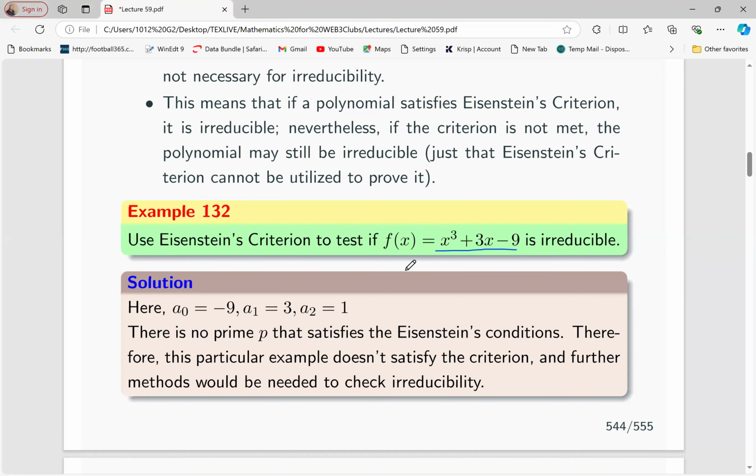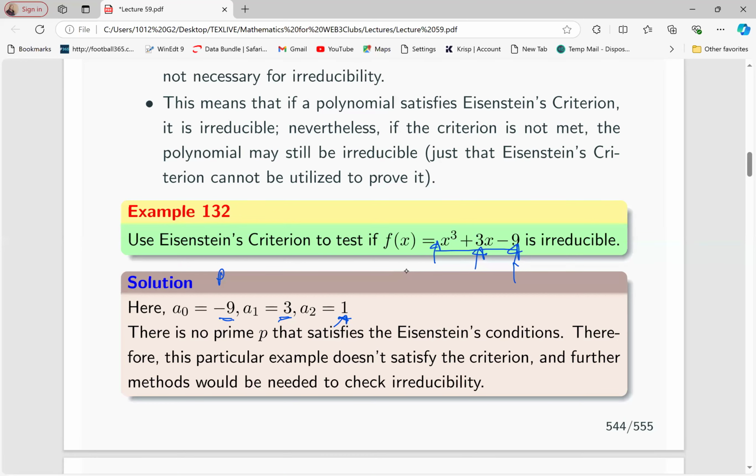In other words, you want to find if there is a prime number that can divide this number, and fail to divide this number, and then its square should not divide the constant term. So is there a prime number P that can divide -9, then divide 3, and fail to divide this? 3 can do that. 3 can divide this, and can fail to divide this.